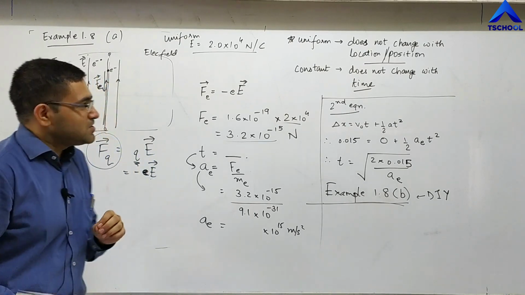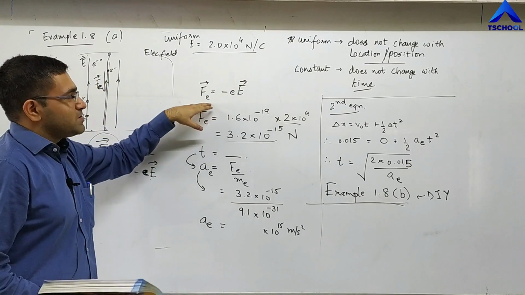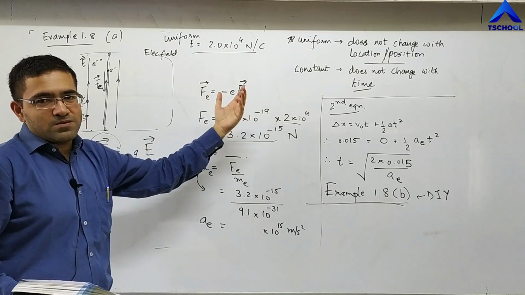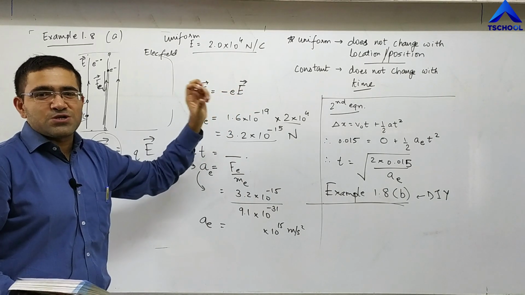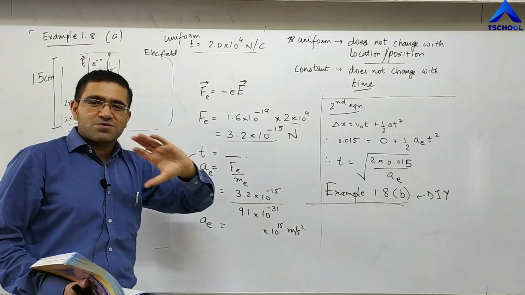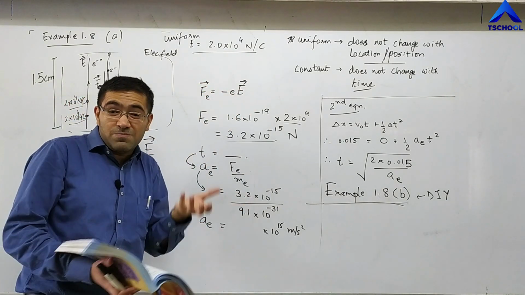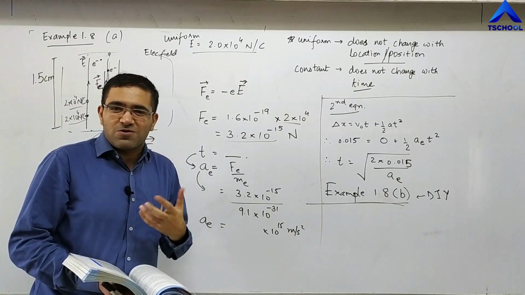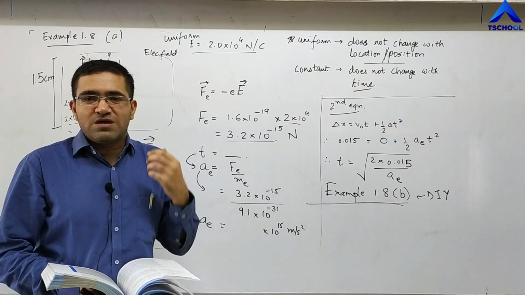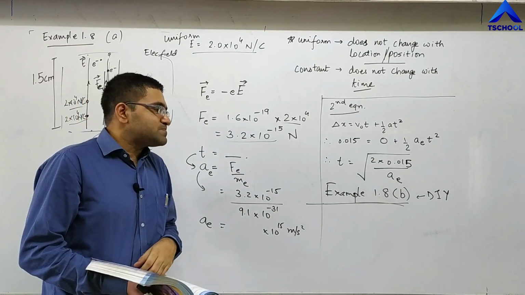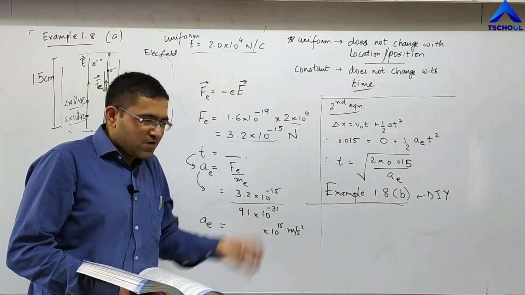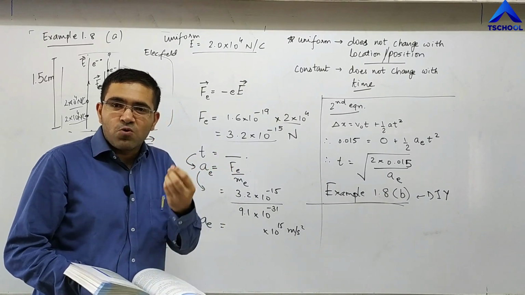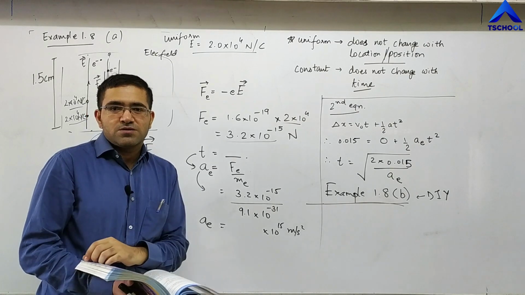The force on the electron does not depend on its mass. Gravitational force obviously depends on the mass of objects. That's not the case here, and that's why you're going to see a different kind of behavior. Obviously the electron will fall fast, and the proton will fall slowly because it has more mass.